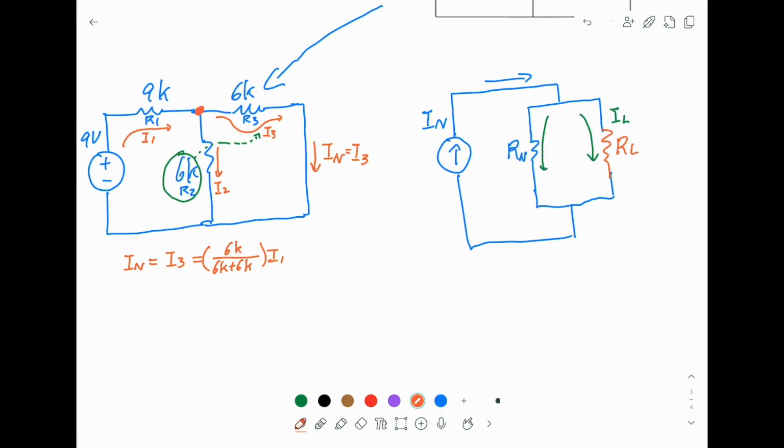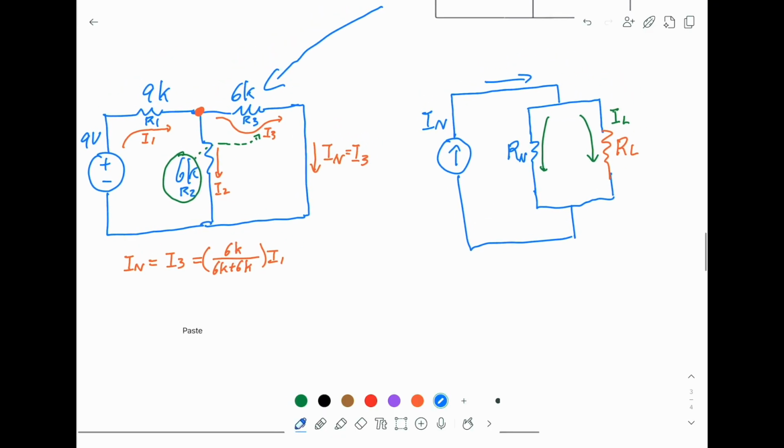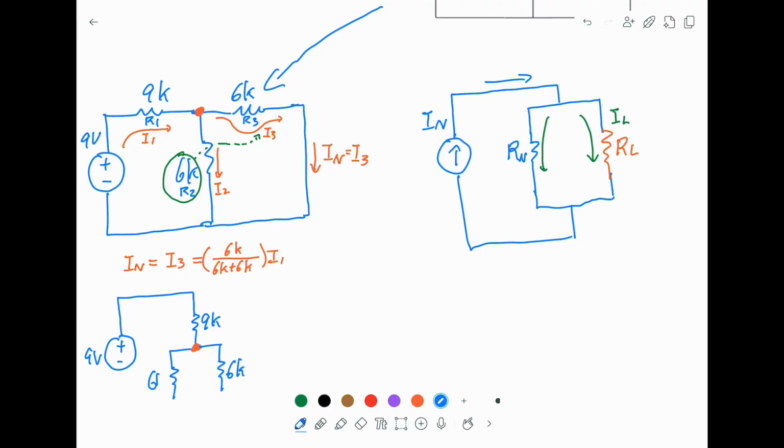Now the question is how to find I1. To find I1, how about I redraw this circuit? This is 9 volt, and if I put a 9K here, this is where you split, and this is 6K, and this 6K, and this is the return.